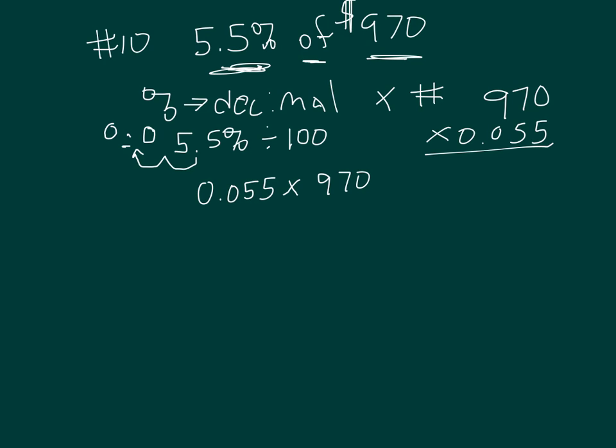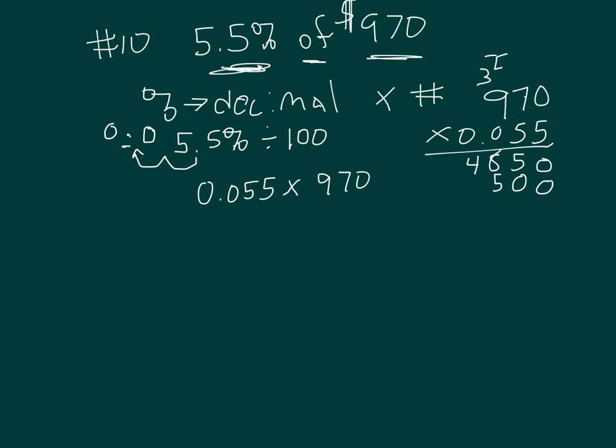Now I do 5 times 0 is 0, 5 times 7 is 35, put the 5 here, carry the 3. 5 times 9 is 45, plus 3 gives me a 48. And then I put a placeholder 0 in. 5 times 0 is 0. 5 times 7 is 35.